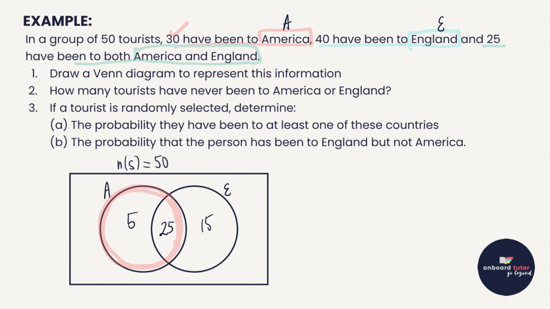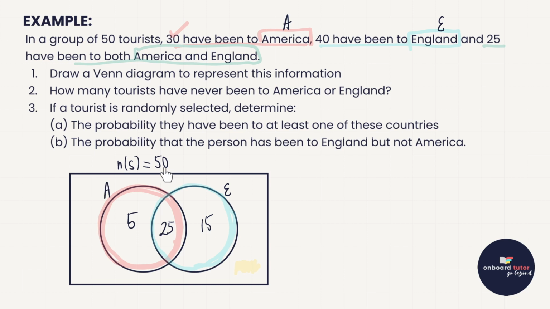Okay, and now to check on my Venn diagram, let's just finish my color coding. England was this bluish color. Okay, there is a chance that some tourists haven't been anywhere. So let's figure out if someone needs to be included outside of the circles but still in the sample space of the 50 tourists. 5 plus 25 is 30, plus another 15 will take us up to 45.